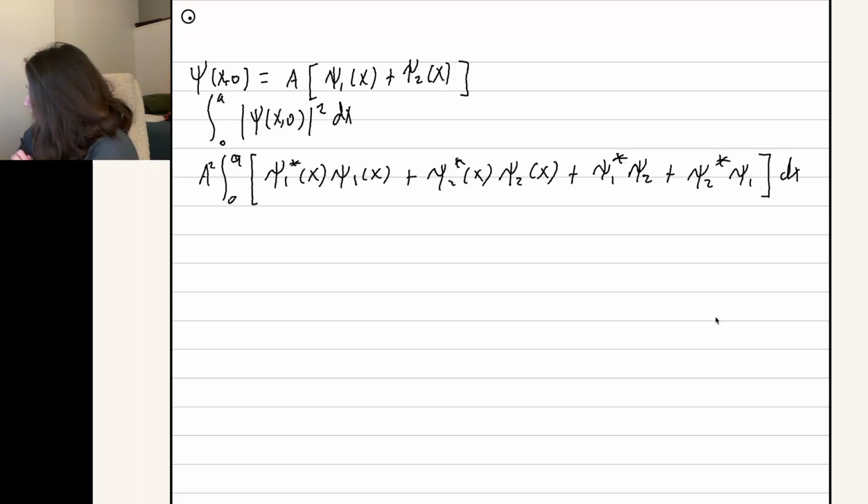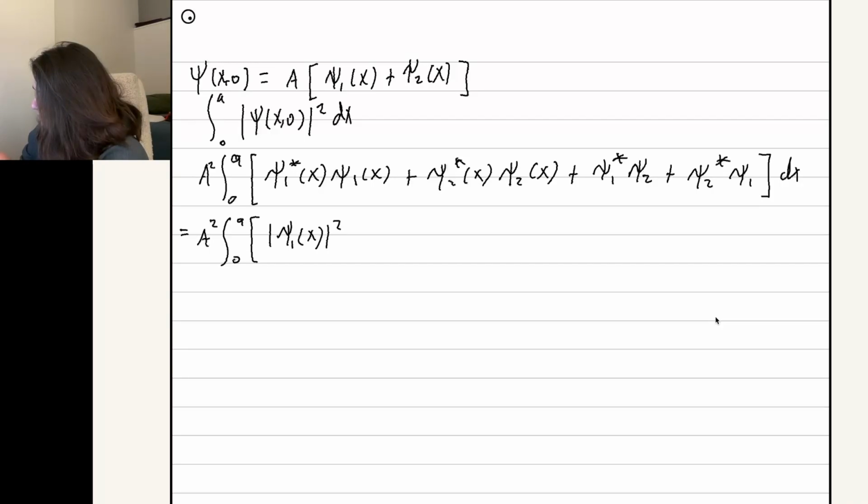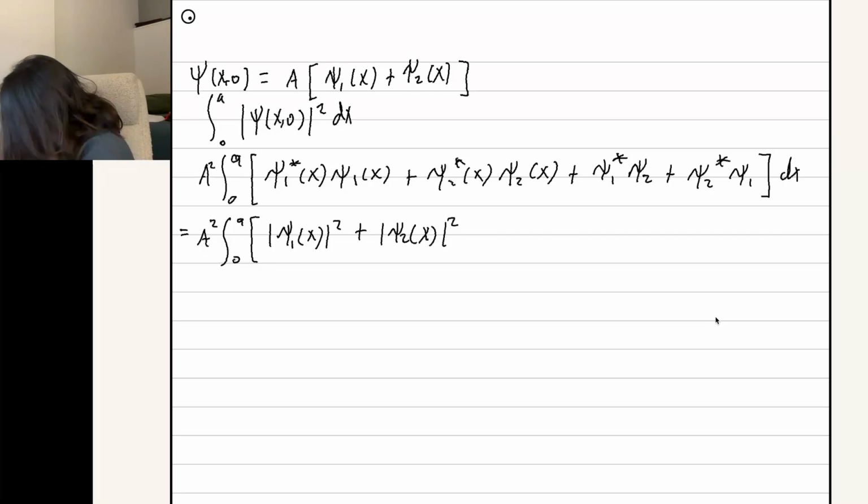And we can rewrite at least the first two of those as a squared times the integral from 0 to a of the square modulus of psi 1 plus the square modulus of psi 2, right? But then these two guys over here are interesting.